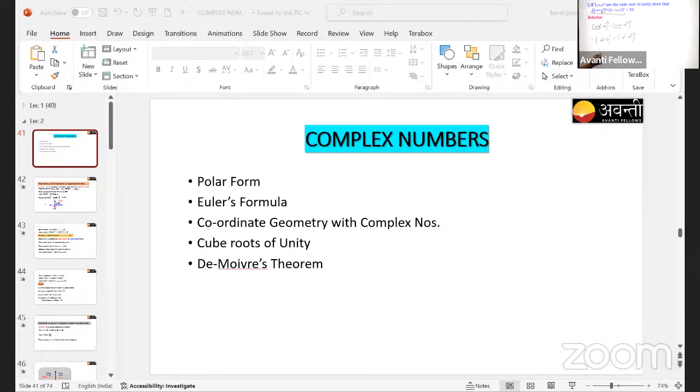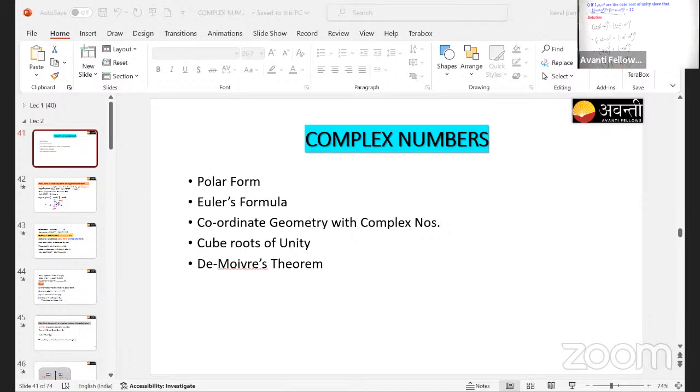So you can say minus 2 omega raised to the power 5 plus minus 2 omega square raised to the power 5. So what can we do here? We can take minus 2 raised to the power 5 common, and we'll be left with omega raised to 5 plus omega square raised to the power 5.